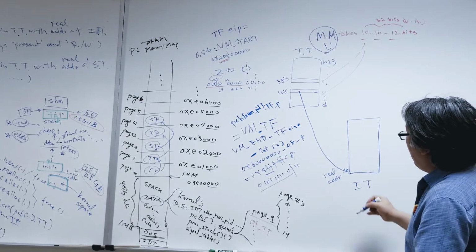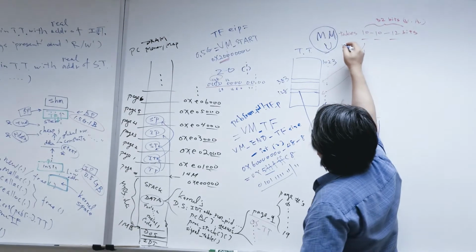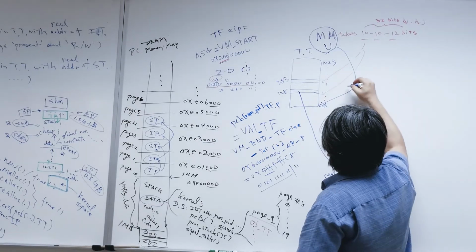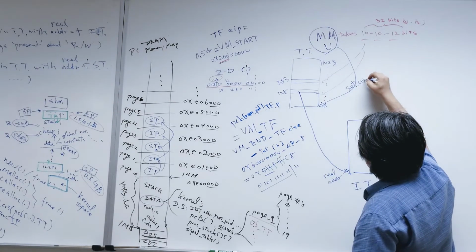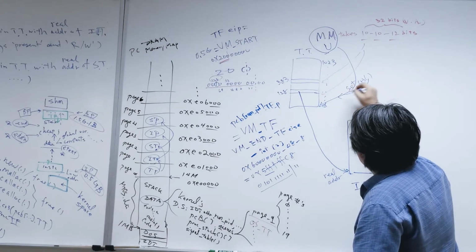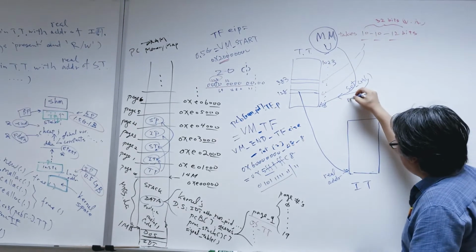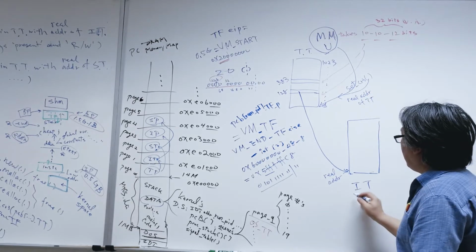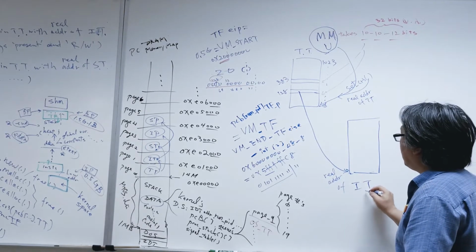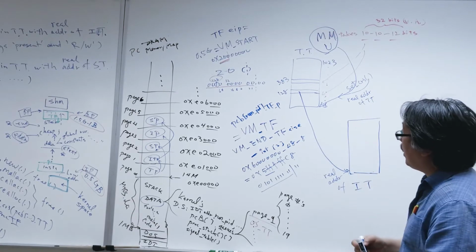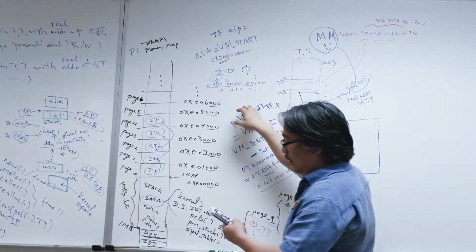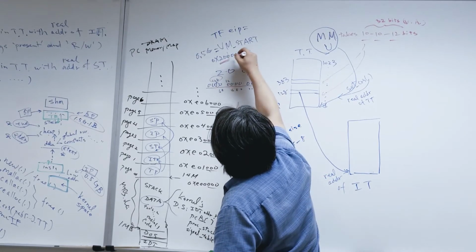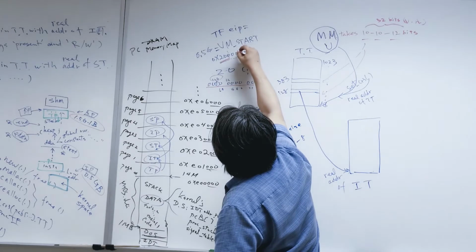All right. So the MMU looks at the translation, given CR3 to this point, the real address of TT. So this is the real address of IT, the instruction table. And the second 10 bits of the instruction table are all zeros. So we see that the first 10 bits is 128, and the second 10 bits is this thing here.